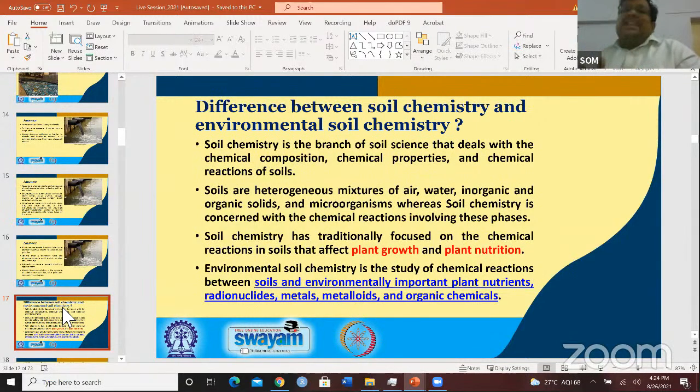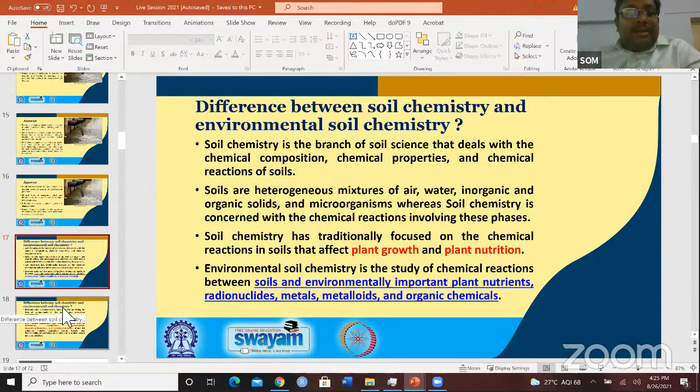However, to understand environmental soil chemistry in a better way, you need to have the basic knowledge of soil chemistry. In other words, environmental soil chemistry is directed towards addressing environmental pollution aspects, so it is more focused on environmental pollution, as compared to soil chemistry, which is traditionally addressed towards the growth and nutrition of plants.